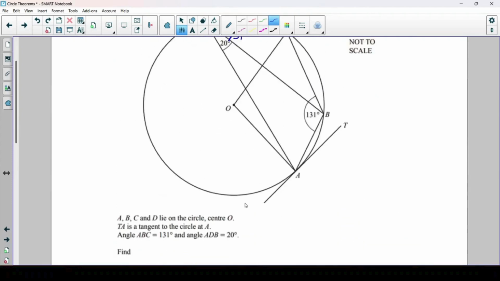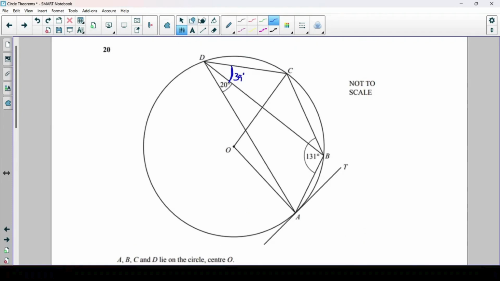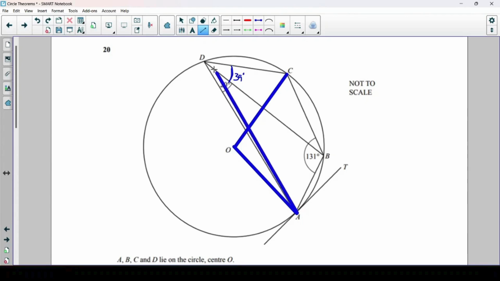Angle AOC is next. AOC. So this is an angle at the centre. So the ones that are useful to know are the angle at the circumference subtended by the same 2 points. So let's see, is there an angle at the circumference that comes from A and C? Yes, there is, the one that we just found there.